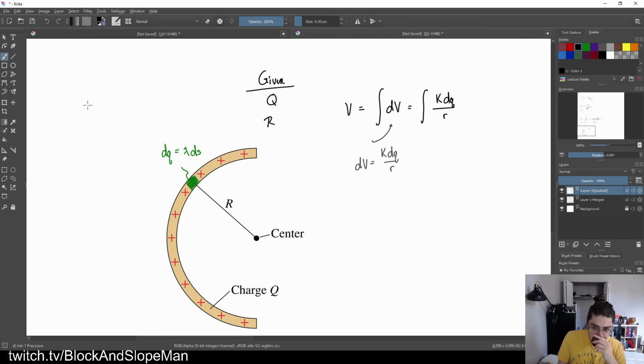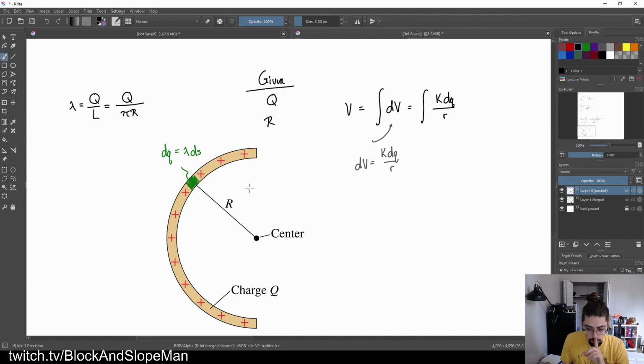And I would just say, okay, well, lambda is equal to q over, they said it was a length L, but we see from a semicircle, half the circumference, that length L, in terms of r, should actually be 2 pi r times 1/2, right? So just pi times r. That's my lambda value.